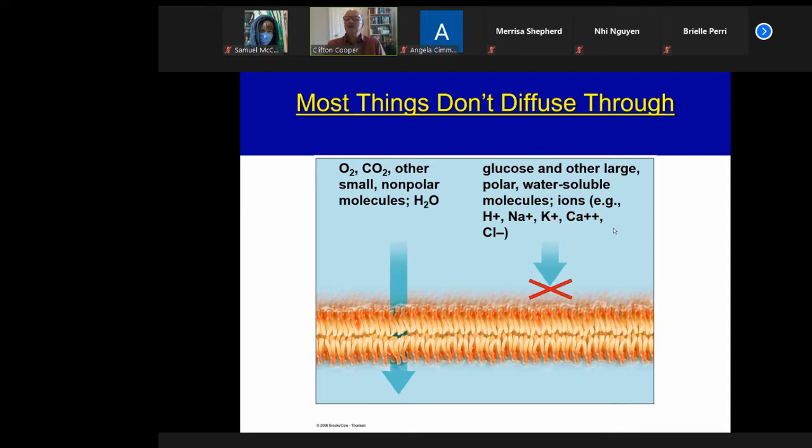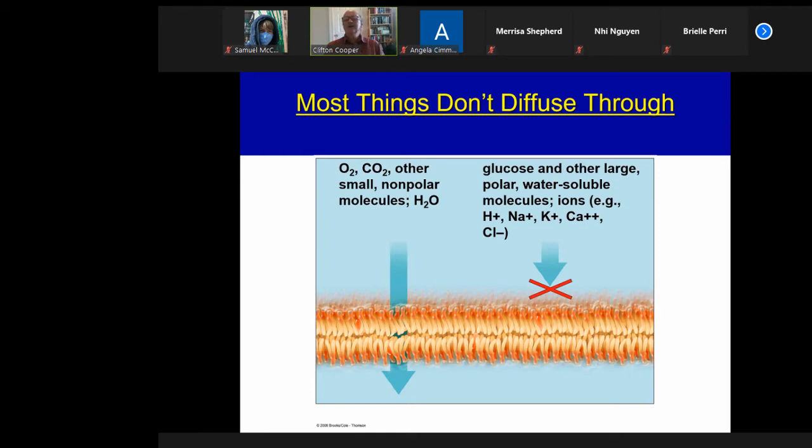Other things like glucose that dissolve in water, amino acids, the various kinds of organic molecules we looked at, they are trapped on one side of the membrane or the other. They're either too big or too polar or both to get through the phospholipid bilayer. But we have membrane transport proteins that take care of that. They provide a tunnel and a special pathway that allows a substance to get from side A to side B.